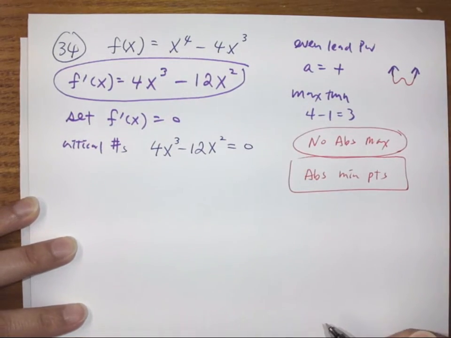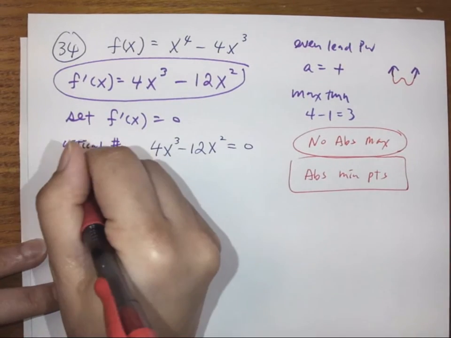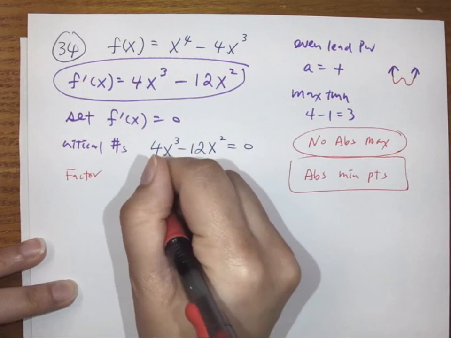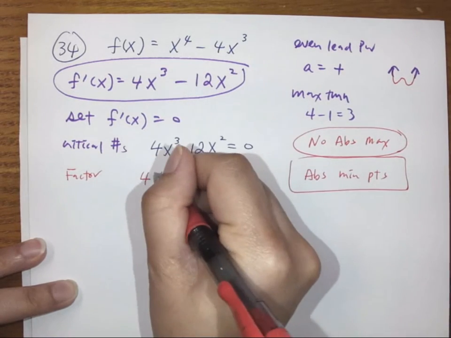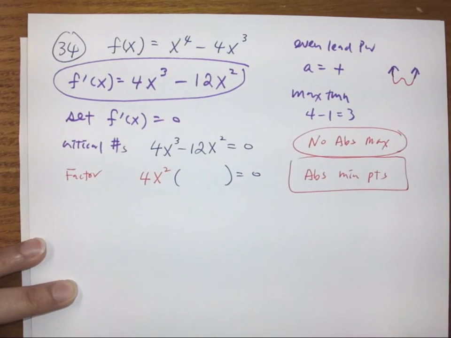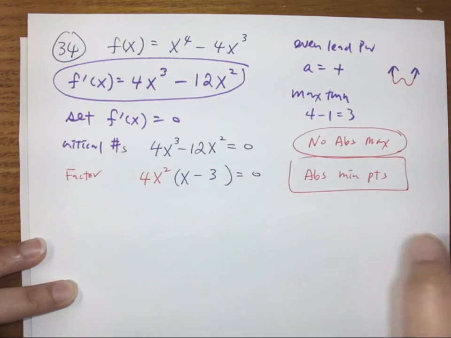How do we solve for x? So hopefully you know we should factor. Both of them can be divided by 4. Both of them have x squared. So after we factor that out, we still have x minus 3. All right.